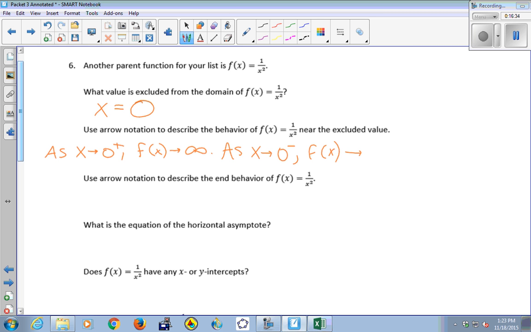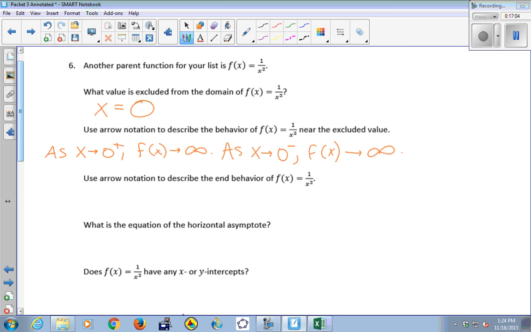It becomes positive, yeah. So I'm going to have 1 divided by a really tiny positive number. It's still going to approach positive infinity. So this is a little different from 1 over x. 1 over x went to positive infinity at the right and negative infinity at the left. This one, they both go up.